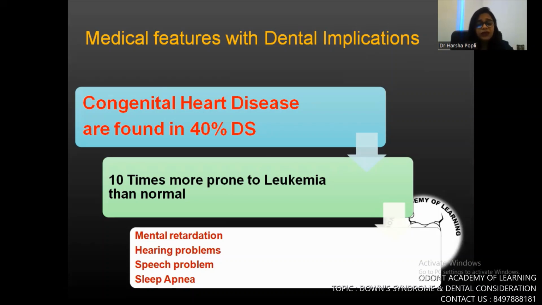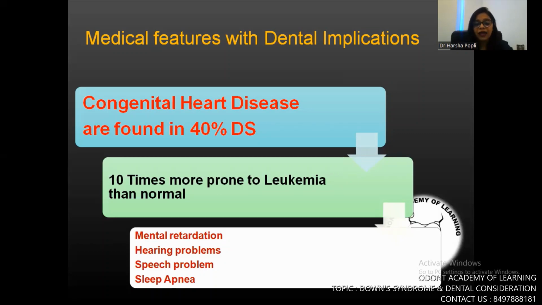Another medical problem which we can see is mental retardation. Mental retardation is commonly seen, as I told, they are the most common intellectual disability condition. Normally the IQ level is 90 to 100, but in Down syndrome, if the IQ level is below 70, they are considered to have mental retardation.